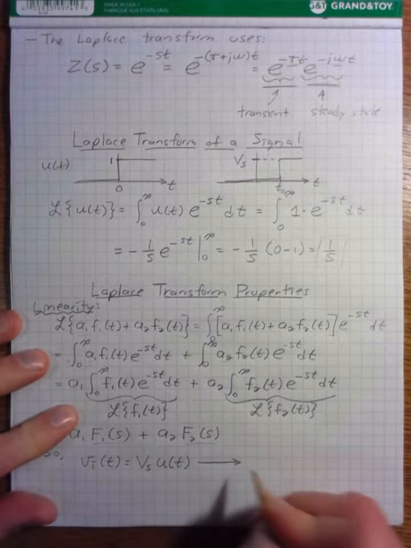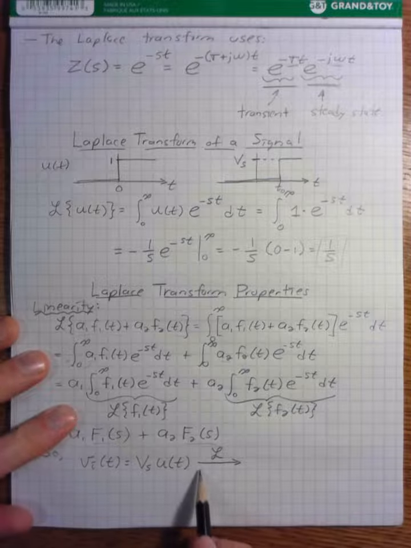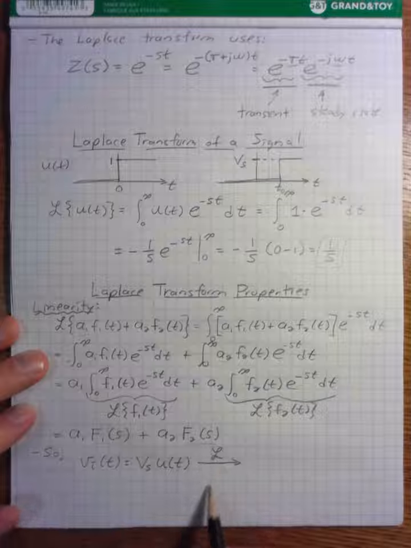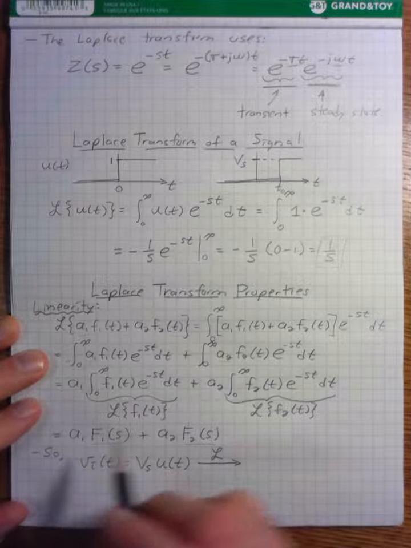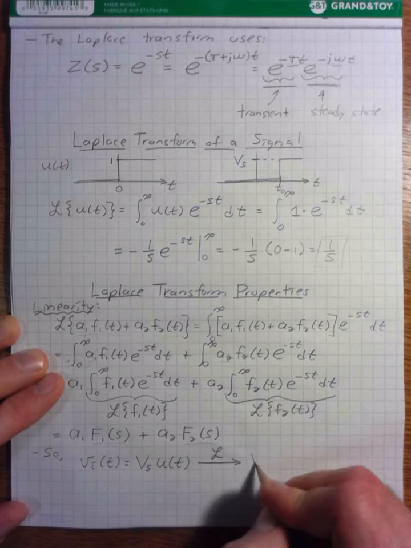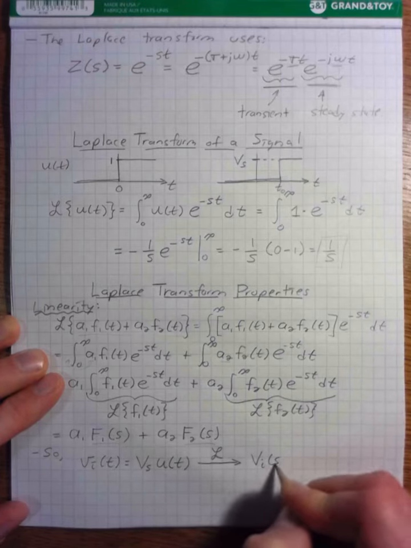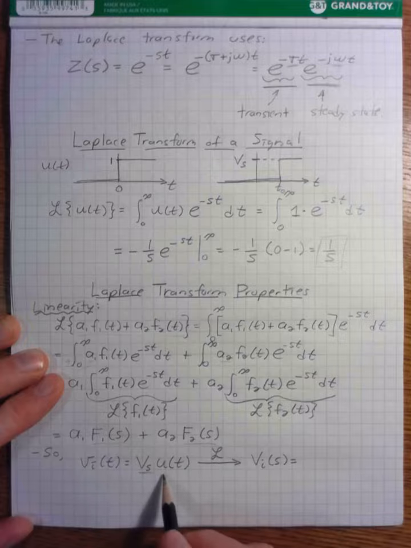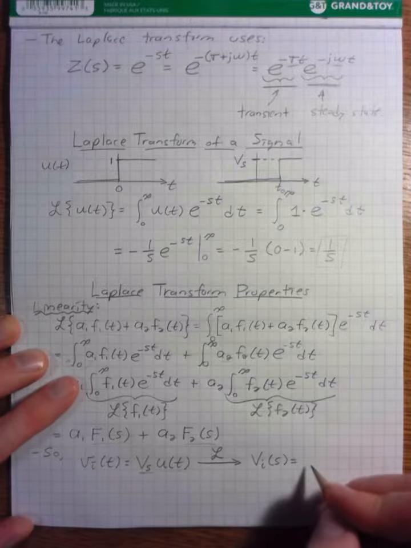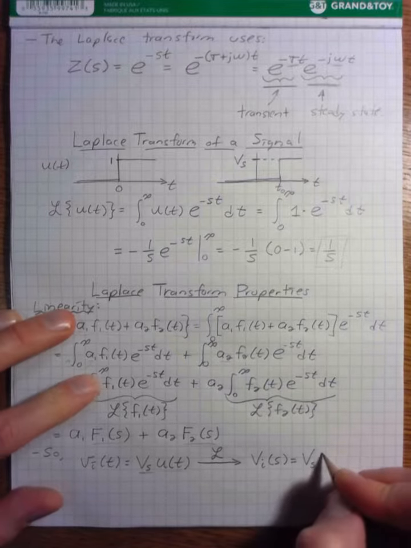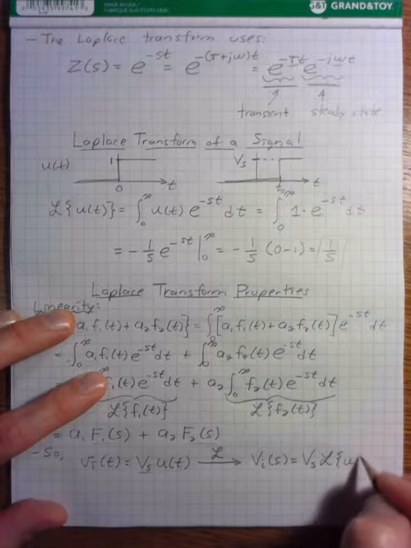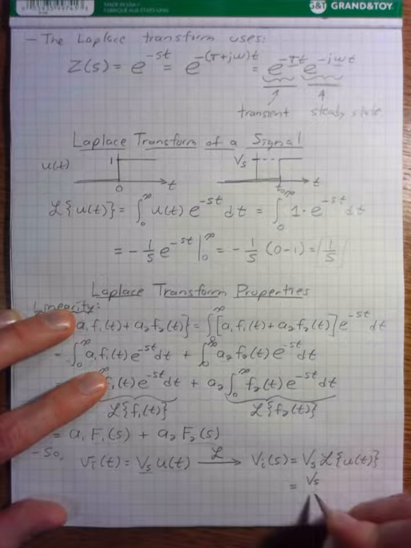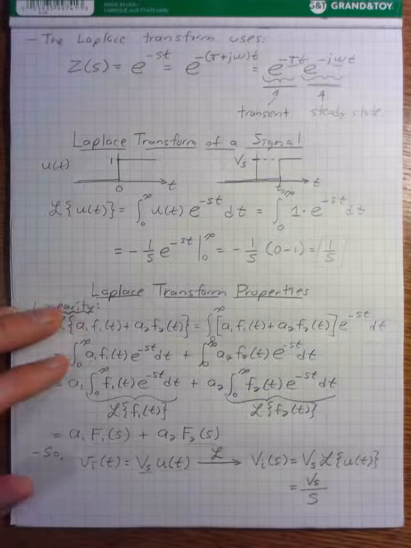So if we take the Laplace transform of that, and sometimes I represent the Laplace transform operation as an arrow, and then I'll just put the script L over top of the arrow, then we know from this linearity property that the Laplace transform of our input signal is just equal to this constant Vs multiplied by the Laplace transform of the unit step function, which is just equal to Vs over s.